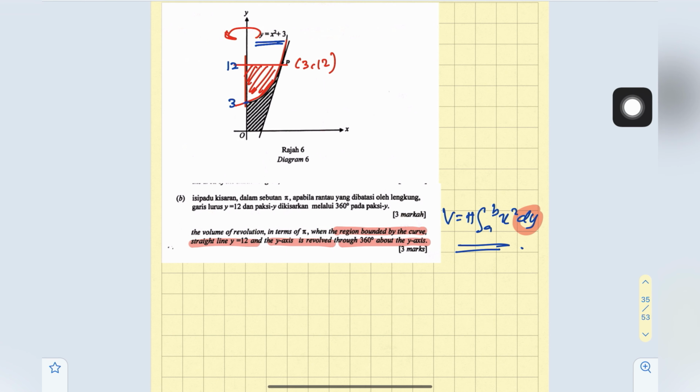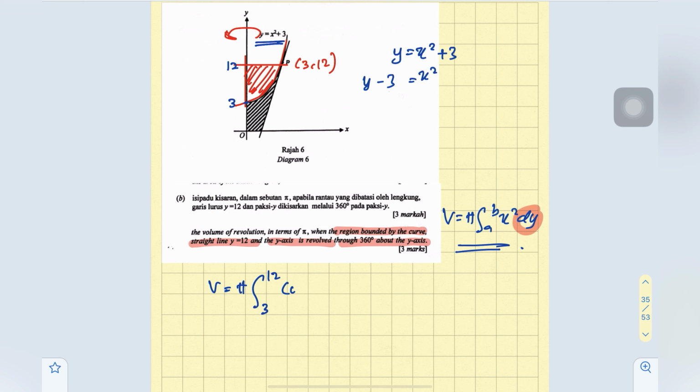formula ni. Okay, so volume sama dengan pi, lower limit is 3, upper limit is 12, x squared. Tengok, kat sini kita ada y equals to x squared plus 3. So kalau x squared sahaja, y minus 3. Okay, so this one y minus 3 dy. Okay, so integrate.